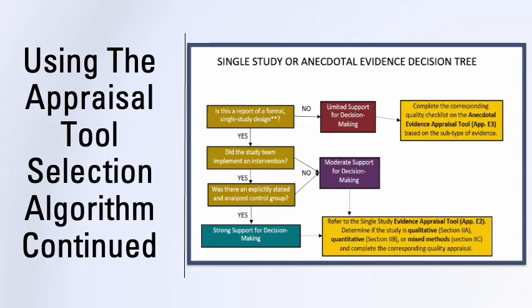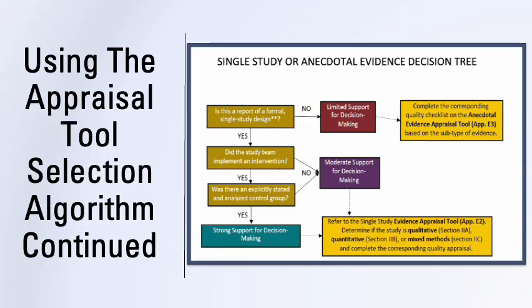If you answer no, you still have moderate support and a single study. If you answer yes, this piece of evidence provides you with strong support for decision making and is still a single study.